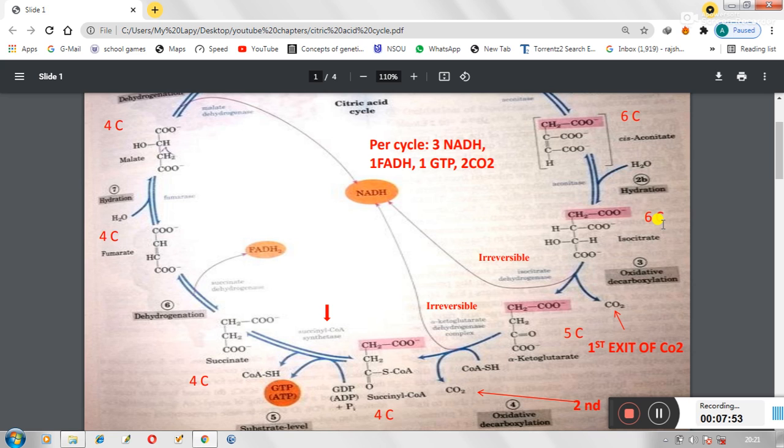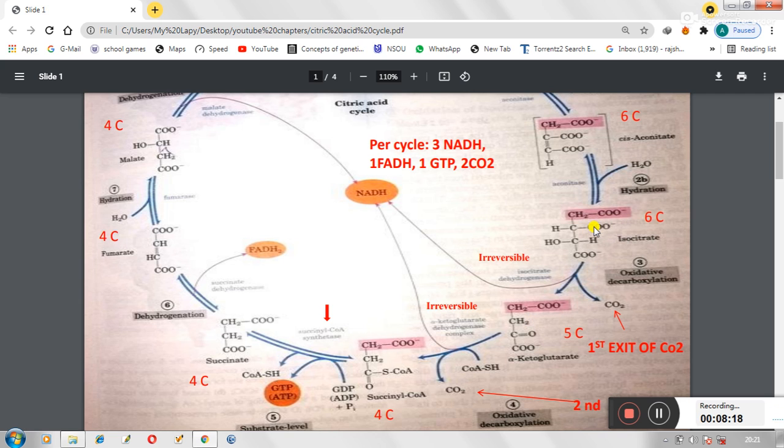Now the first oxidative decarboxylation occurs. Oxidative decarboxylation means an oxidation reduction reaction occurs, as well as carbon dioxide is released. Which carbon dioxide will be released in this case? This first carbon dioxide is released, produced from isocitrate to alpha ketoglutarate.